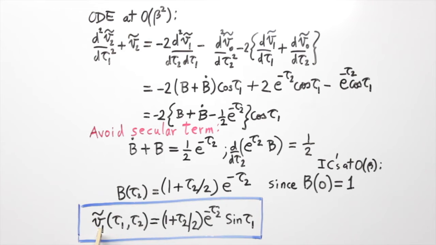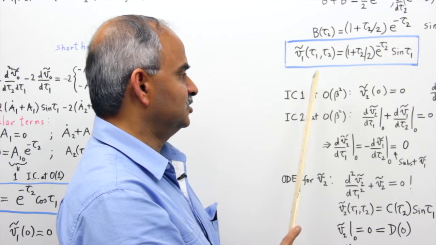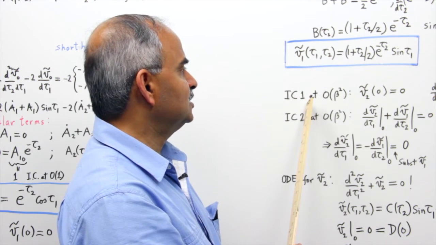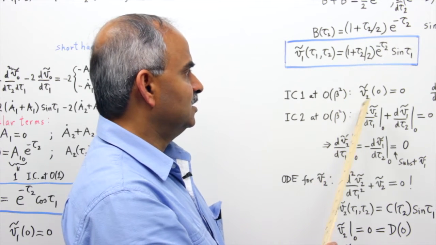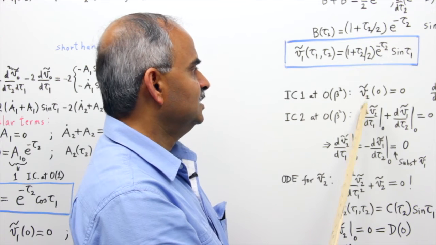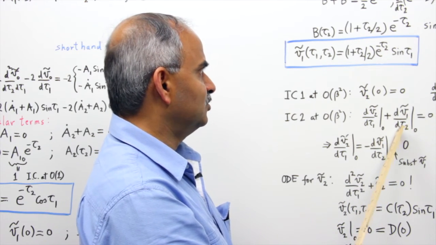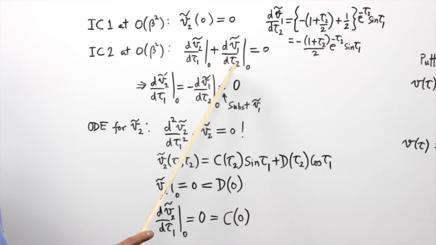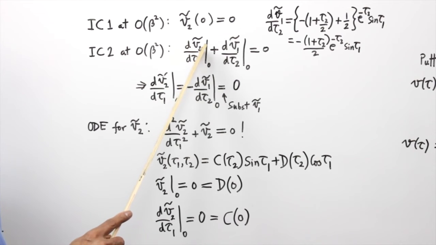Now that we have found v1 tilde, we want to use it to find the initial conditions for the next stage of expansion. The initial conditions at expansion level beta squared are these two conditions. We can calculate dv1 d tau 2 from this expression, substitute it, and find dv2 tilde d tau 1.